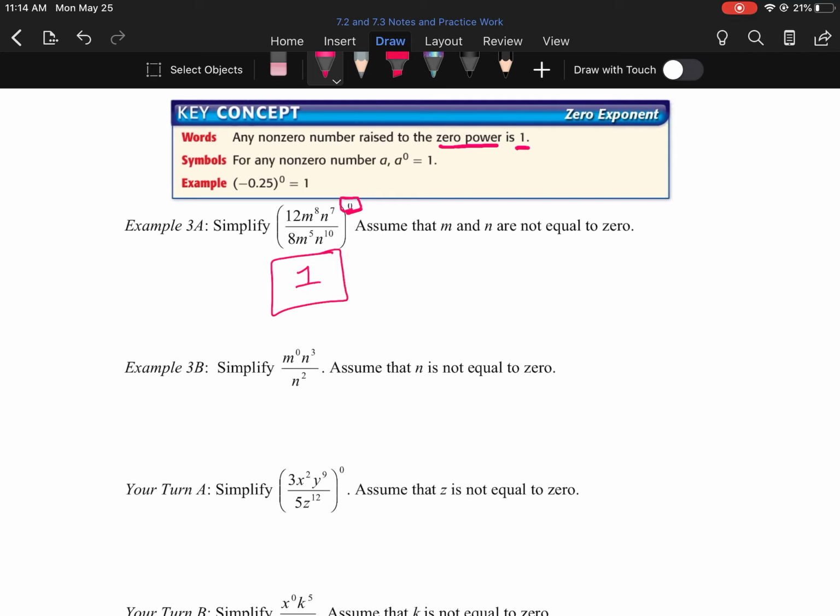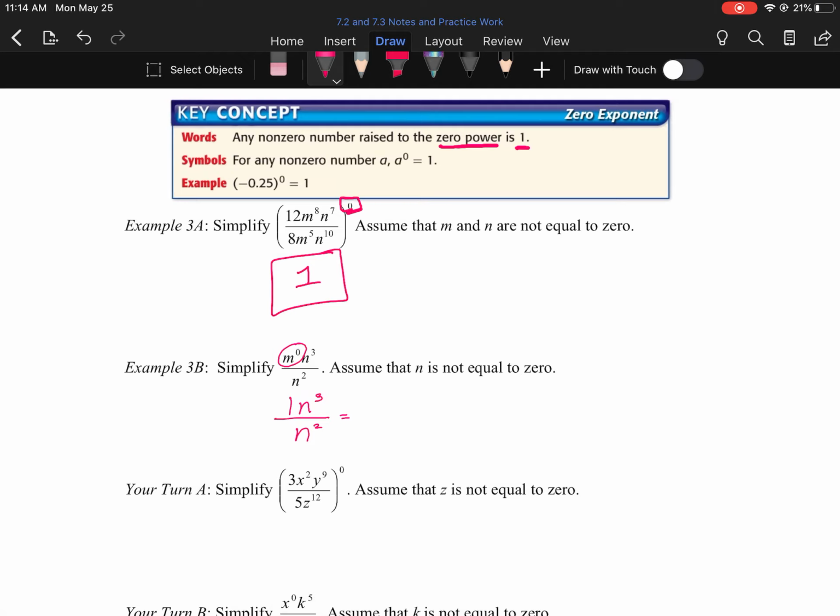So let's take a look at example B. m to the 0. Now here, the only thing that's raised to that 0 exponent is just the m. So we can't just say 1, but I can say that m to the 0 is 1. So I have 1n cubed over n squared. Now I have like variables in the numerator and denominator.